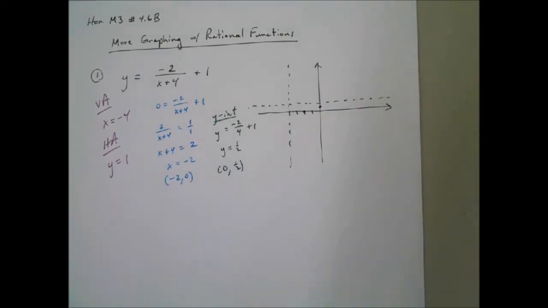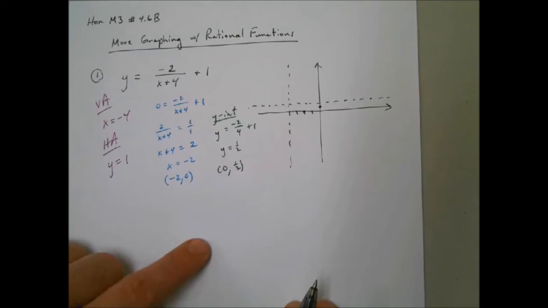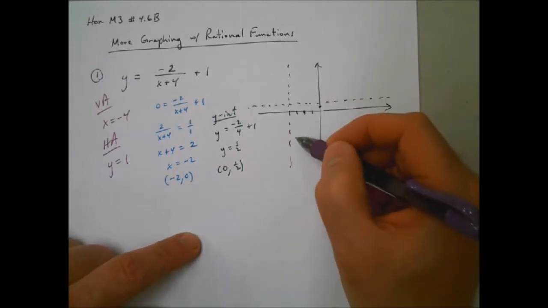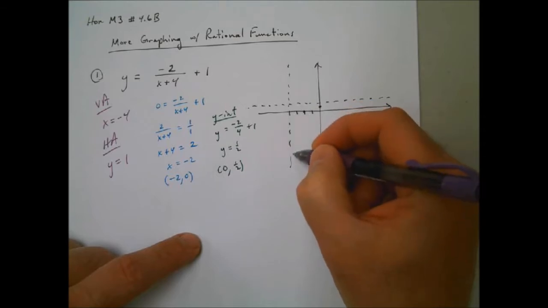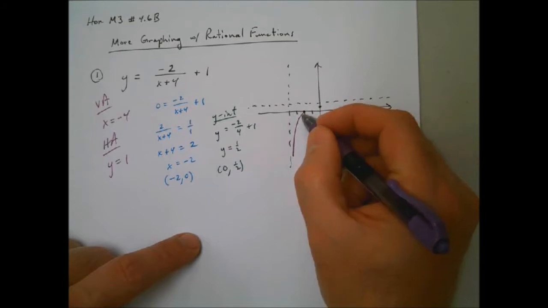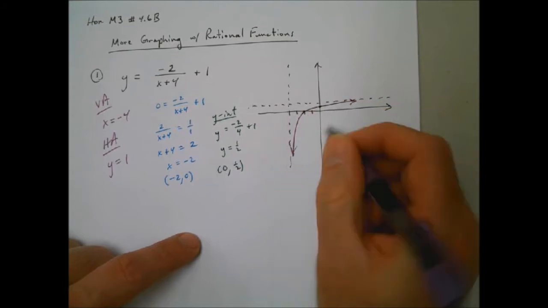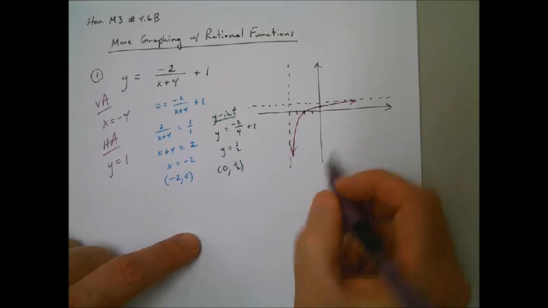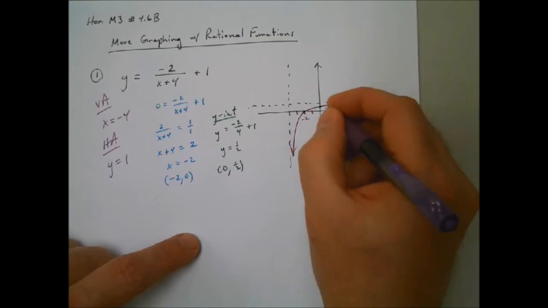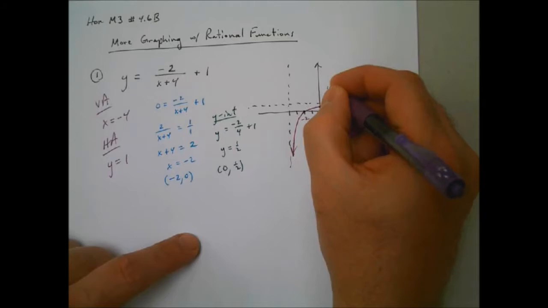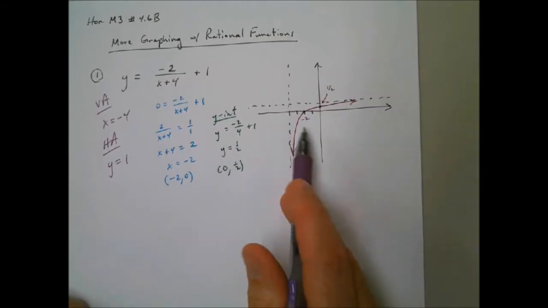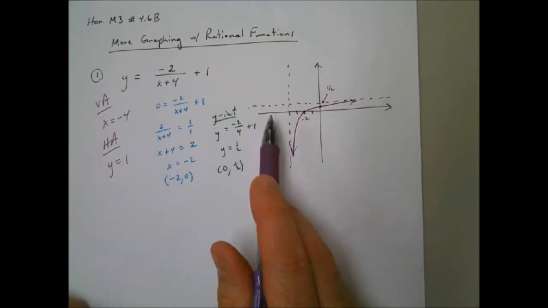Okay, based on what we learned in the previous set of notes, I think it's pretty easy to see that on the right-hand side of the vertical asymptote, we are coming from down low near the vertical asymptote and going towards elevation 1 as we go to the right forever. Label the intercepts. Now, that was my only x-intercept.